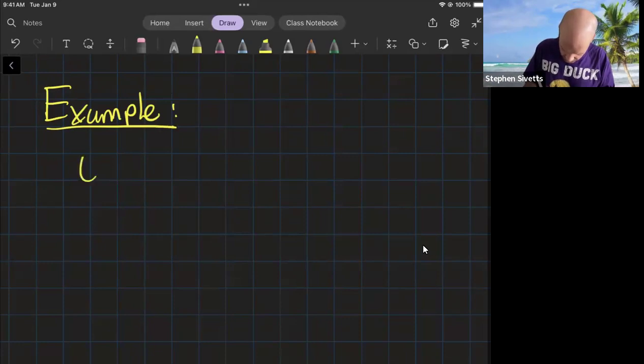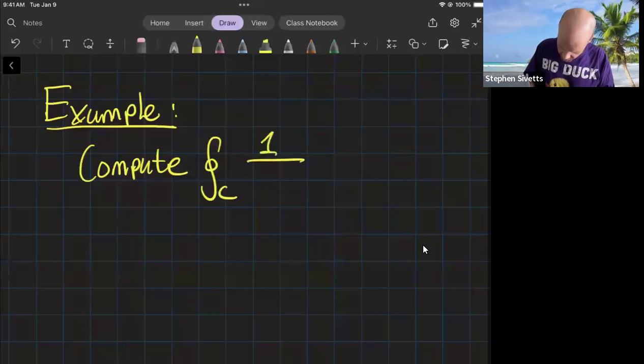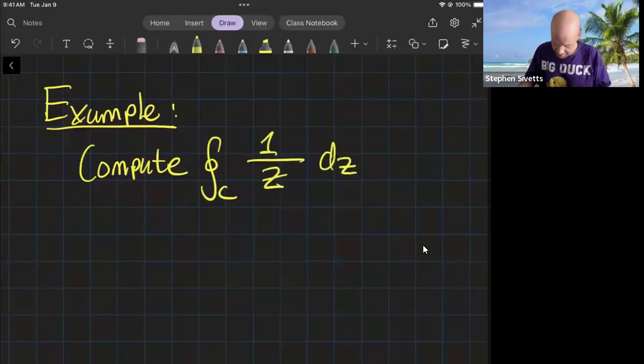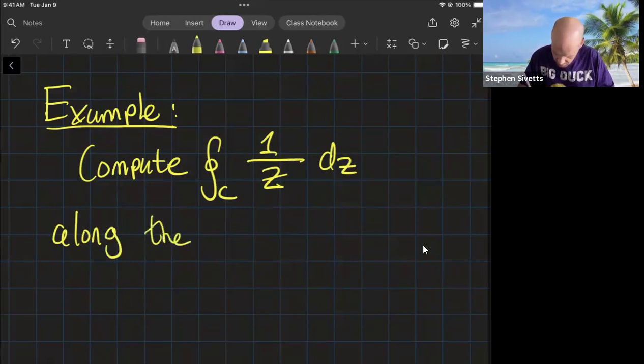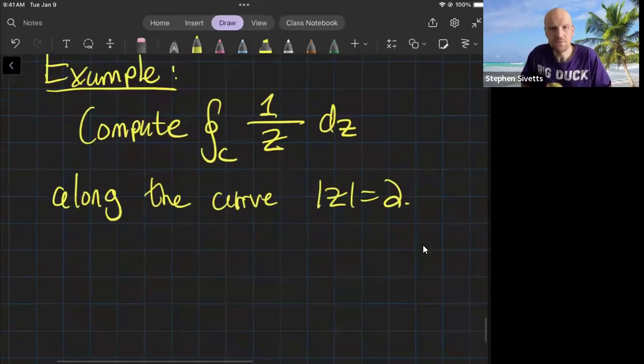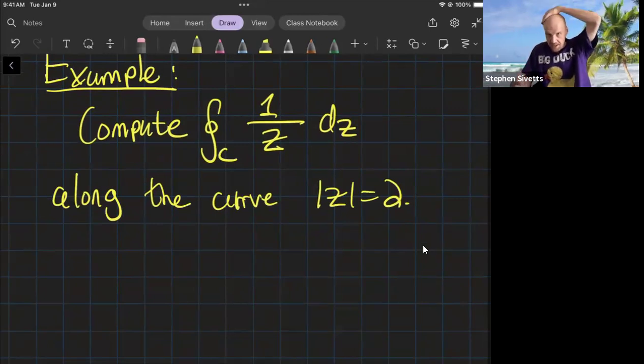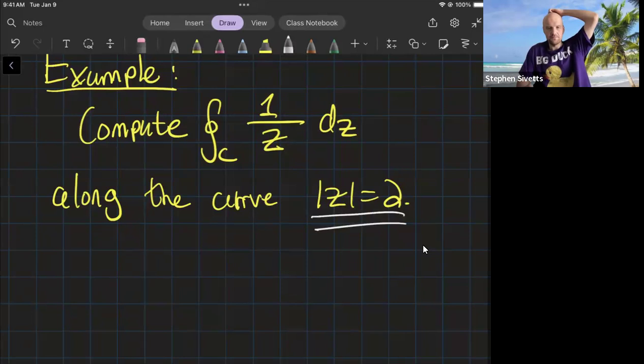Compute the line integral of the closed curve C of 1 over z dz. Okay, here's one example. We want to compute the line integral of the closed curve C of 1 over z dz, where the curve is defined by the circle of radius 2, right?